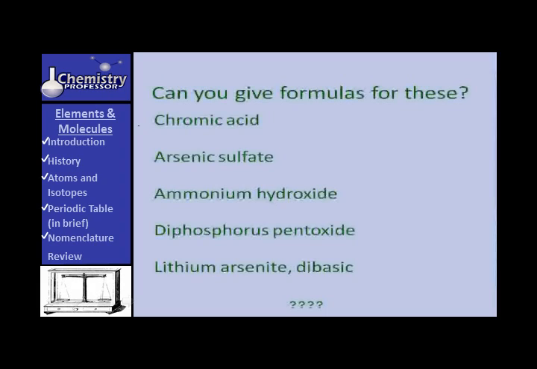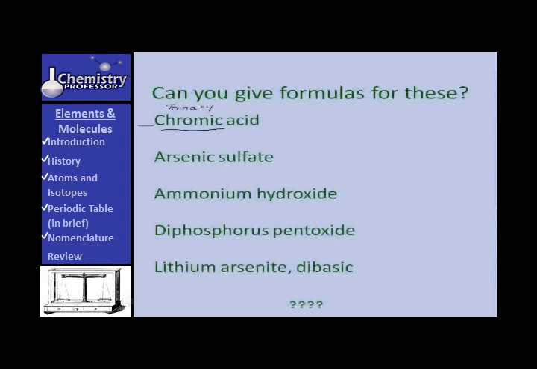For example, this does not have the prefix hydro. And since it doesn't have the prefix hydro, this must be a ternary acid. And as a ternary acid, do you recall that the name depends on the name ending given to the polyatomic ion?